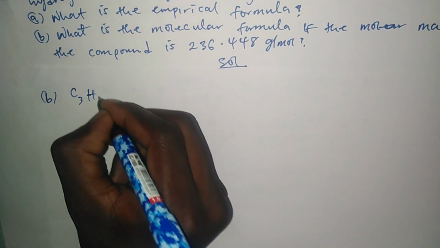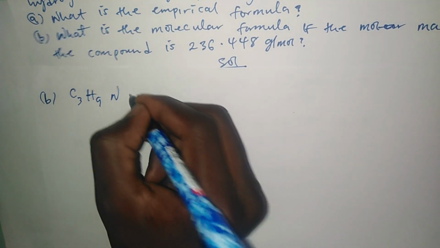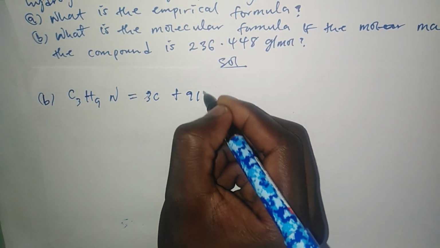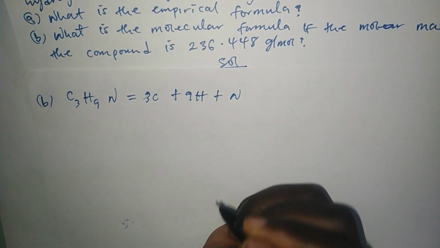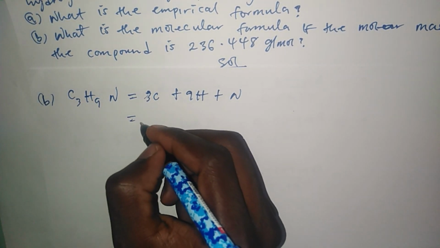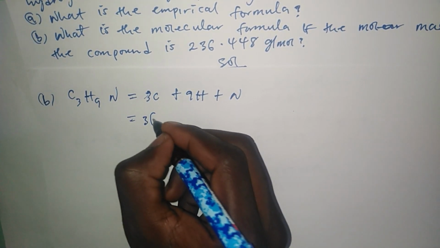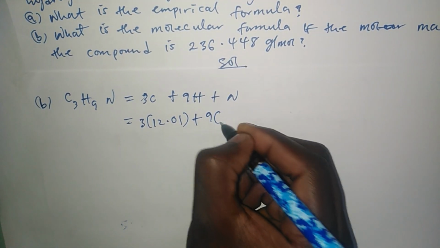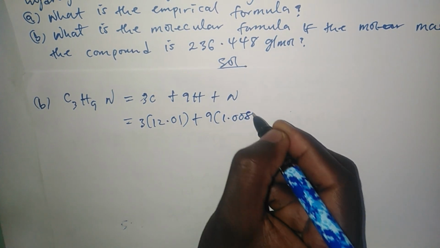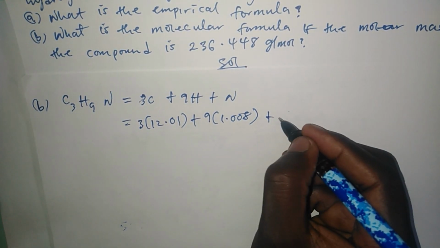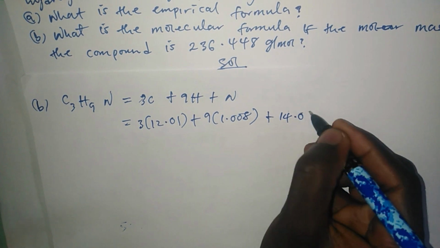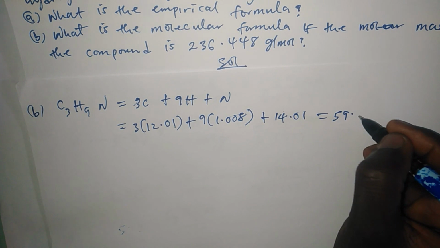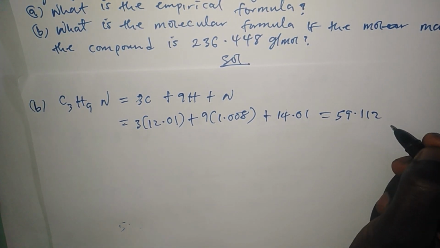C3, H9 and N, is equals to 3C plus 9H plus N. Therefore, we say 3 times 12.01 plus 9 times 1.008 plus 14.01. So therefore what we have is 59.112 grams, right?